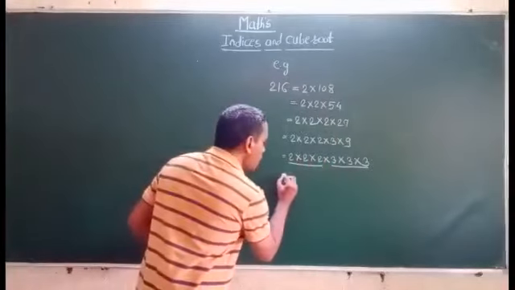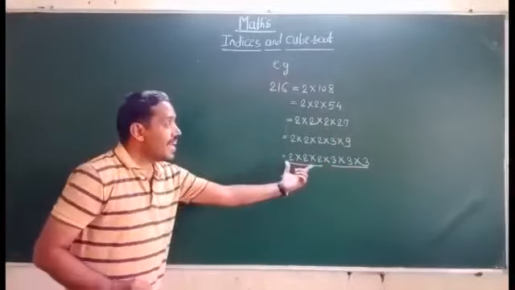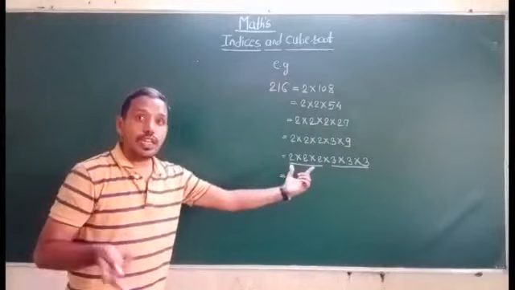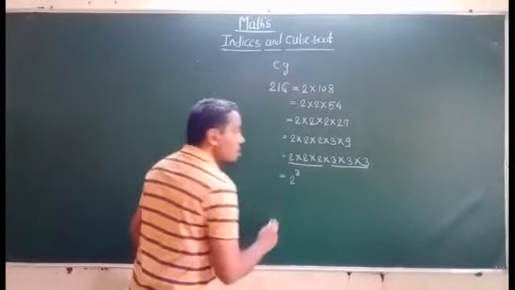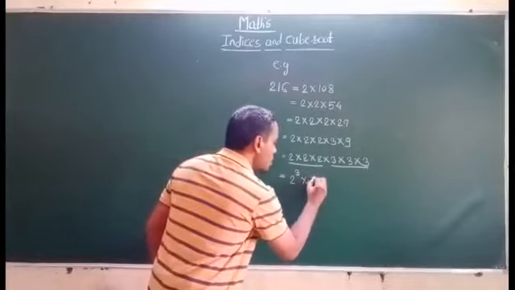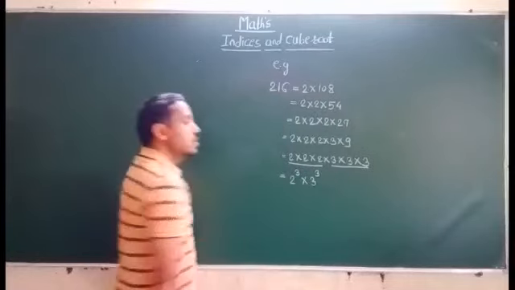Then we write the 3 times 2 in indices form. So we get 2 raised to 3 into 3 raised to 3.